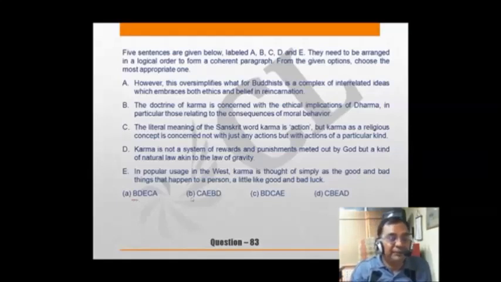Again B and C. I'll first check B. The doctrine of karma is concerned with the ethical complication of dharma, in particular the consequence of moral behavior. It can be starting. BD. Karma is not a system of rewards and punishment by God, but a kind of... no, it does not make sense.